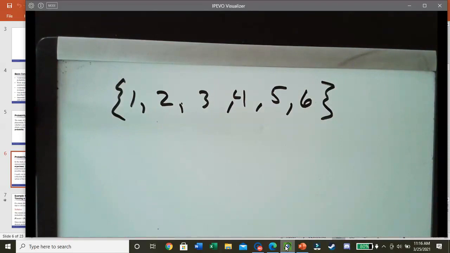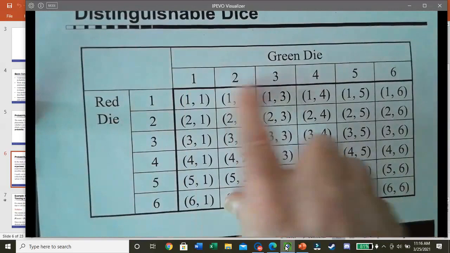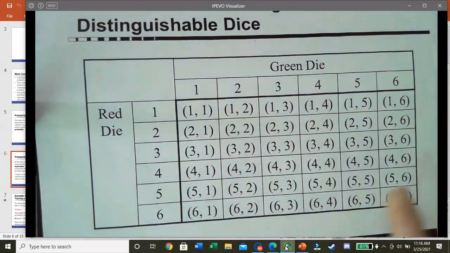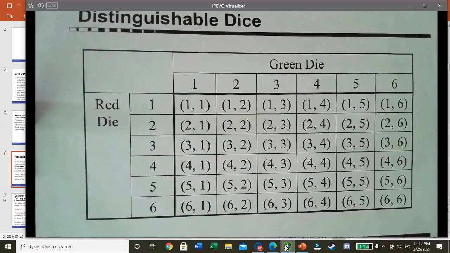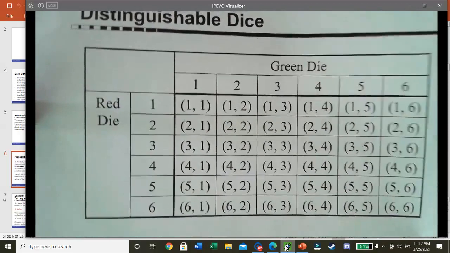If you're rolling two dice, then you've got die 1 and die 2. You've got 36 possible ways of rolling two dice at the same time. So this would be a sample space of two dice, rolling two dice randomly.